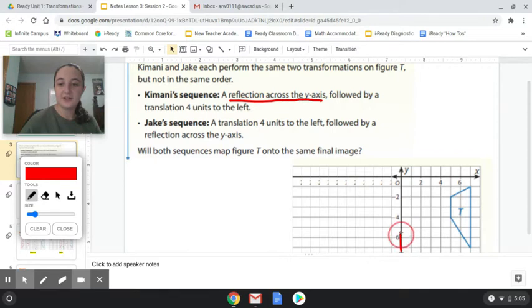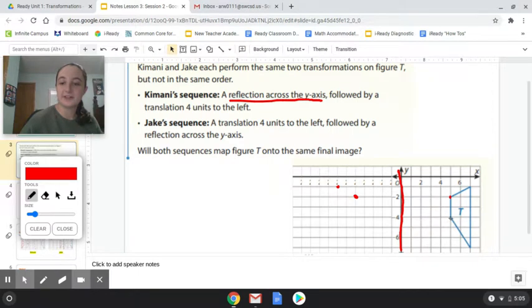She reflected along this line, which means all the points are an equal distance. This point is 5 away from the line of reflection, so we're going to go 5 the other way: 1, 2, 3, 4, 5. This point is 7 away from the line of reflection, so we go 7 this way: 1, 2, 3, 4, 5, 6, 7.